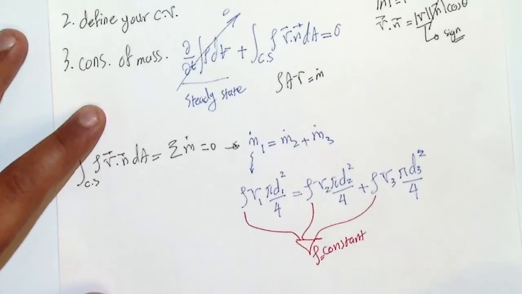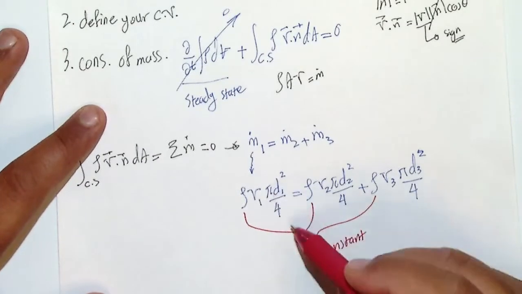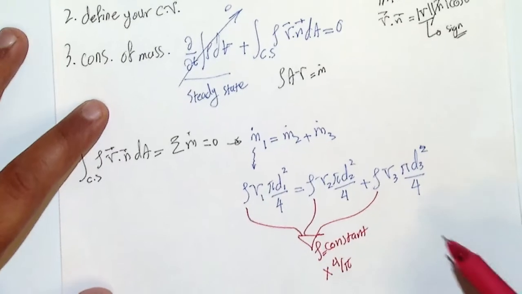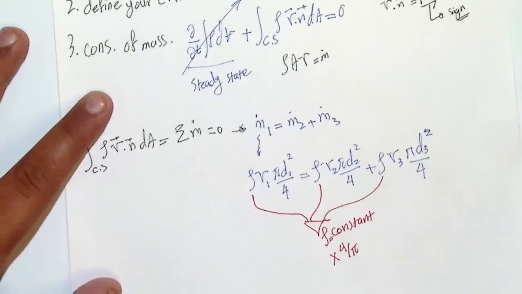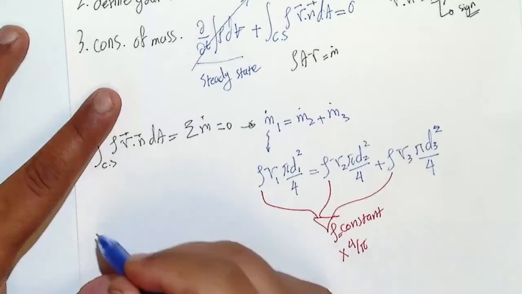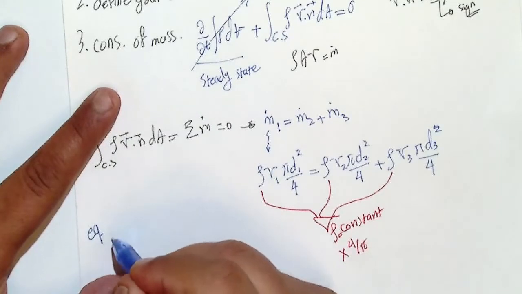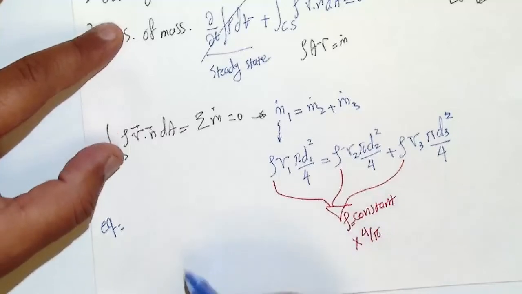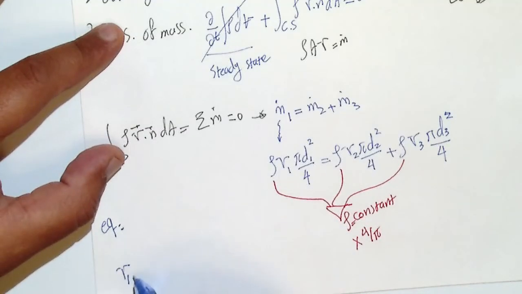What else? We can cancel out pi over 4 from each side, right? So we can multiply each side by 4 over pi. Correct? Then if you do that, what will you have in the equation? It could be summarized as V1 d1 squared, right?